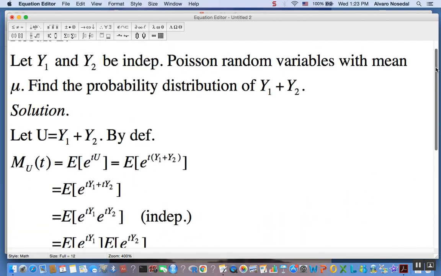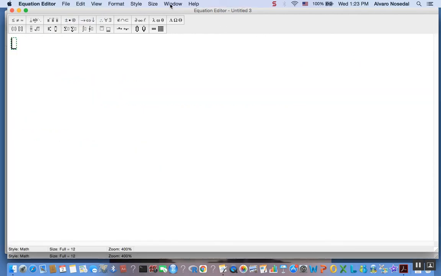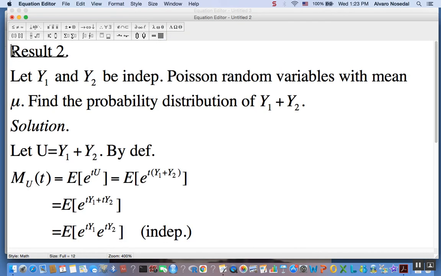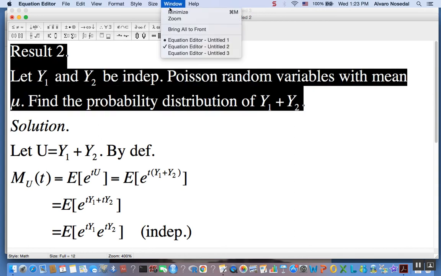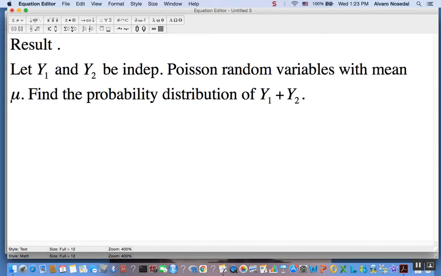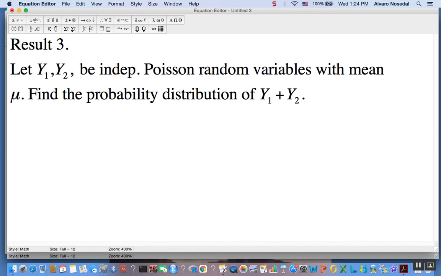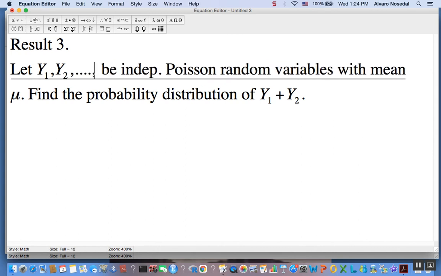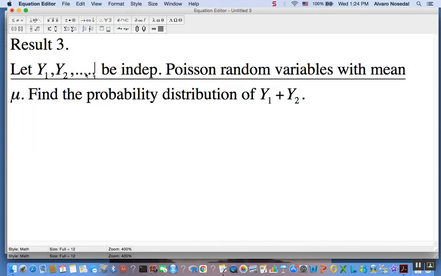Now, this is going to be a homework problem, but let me just write that down. Say that instead of result 2, we had something that reads as follows. Result number 3. You have Y1, Y2, dot dot dot, Yn.